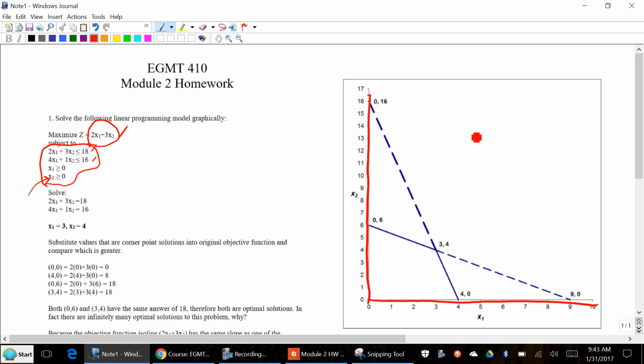All right. So over here I have these constraints drawn. If you look at this line right here, this goes to the constraint 4x1 plus x2 equal to 16, because if it's greater than or less than, it's going to be a region, but if it's equal to, it's actually a line.